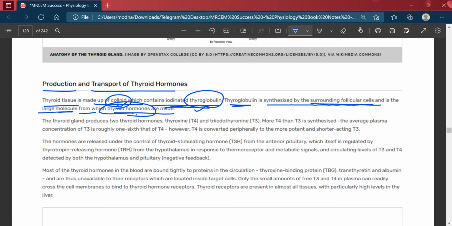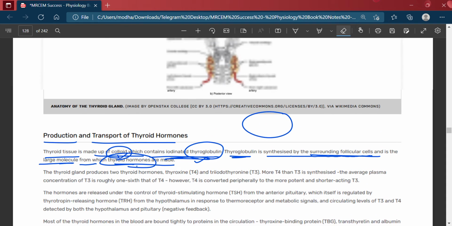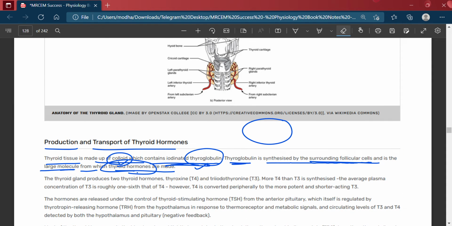Thyroid tissue is made up of the colloid, like this is the colloid, and it contains the thyroglobulin.